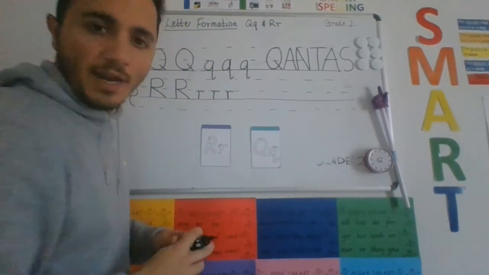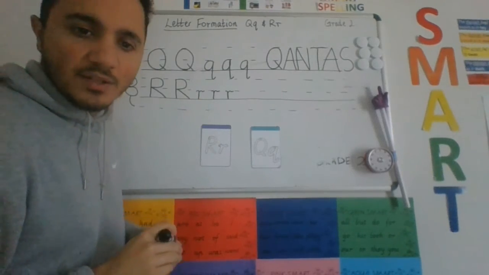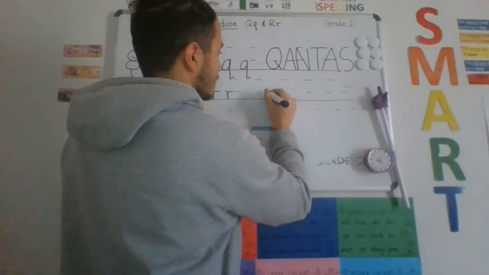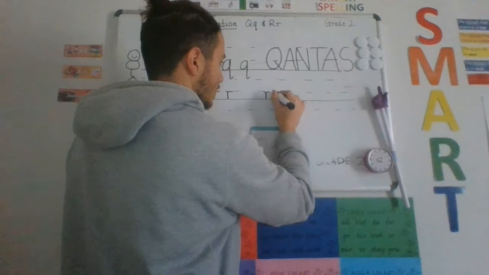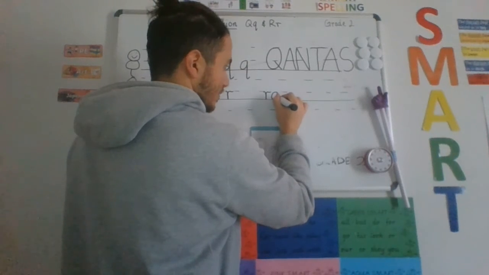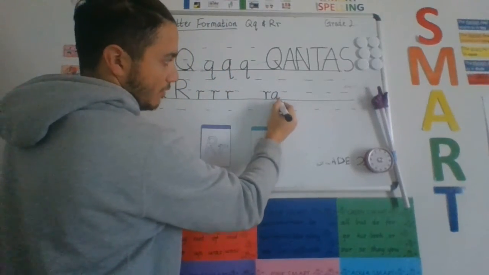Let's practice the word racket. How about the word racket? That has both the R and the Q in it, like my tennis racket. So we've got the lowercase r, a. So here's my a. It looks like the start of a q, but then we just give it a diagonal finish. The q would actually go right down.